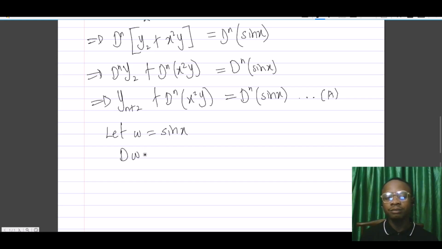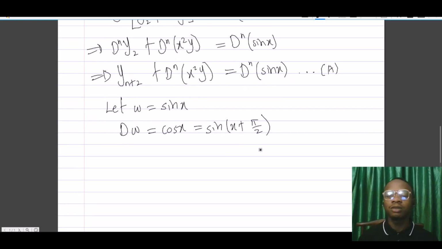Then the nth derivative of w, the derivative of sine x, is cos x, and of course this is the same thing as sine of x plus pi over 2. We've talked about this before; we did it for cos x. It happens that sine x also has an nth derivative similar to the expression for the nth derivative of cos x.